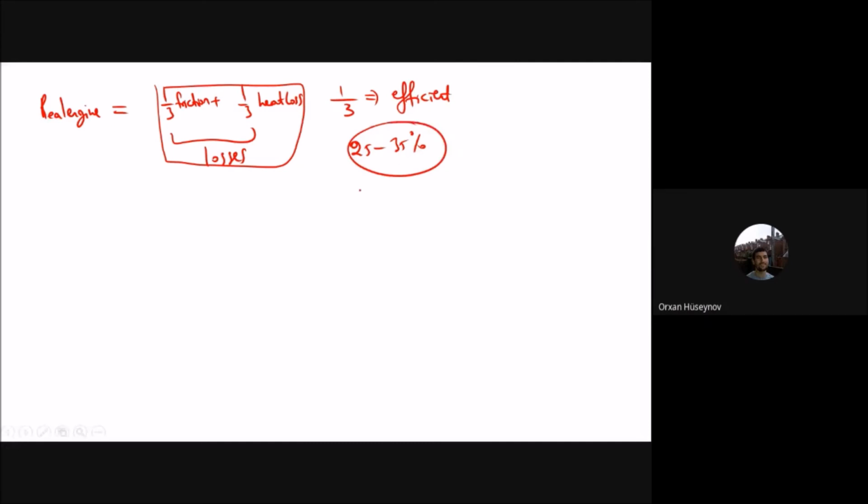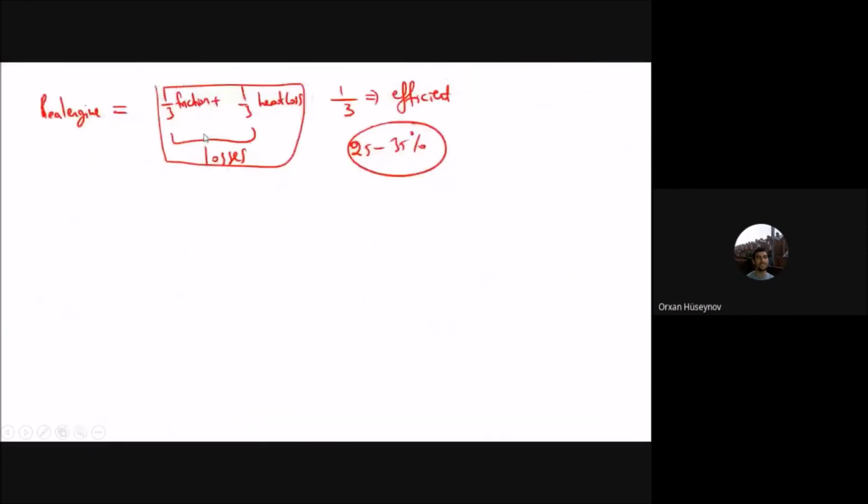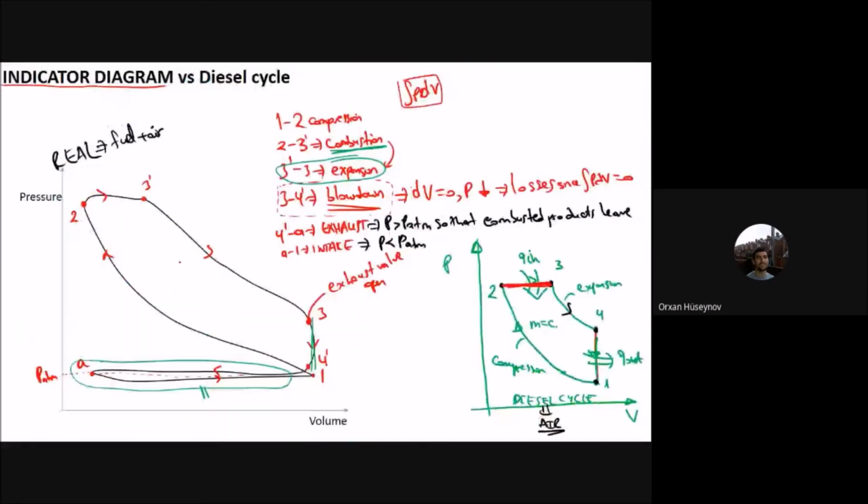Good. So let's continue and finish the last part of the question, which asks for the MEP of the cycle. To find the MEP of the cycle, we say that the net work of the cycle is equal to MEP multiplied by (v max minus v minimum). In a real cycle, the pressure changes continuously; you don't have a fixed pressure.